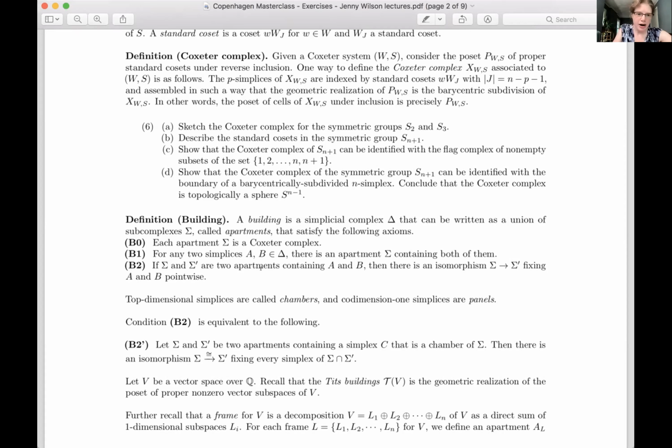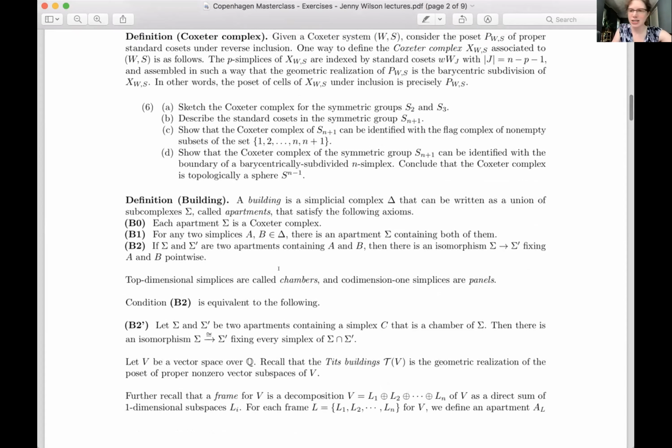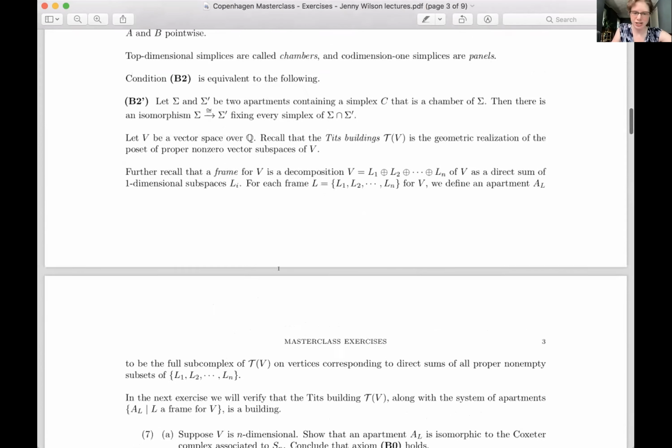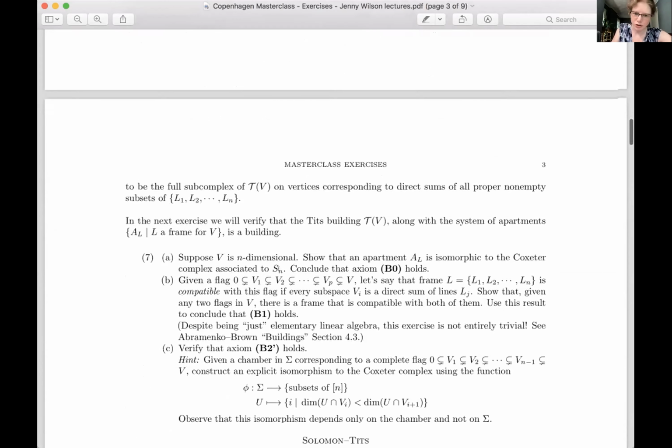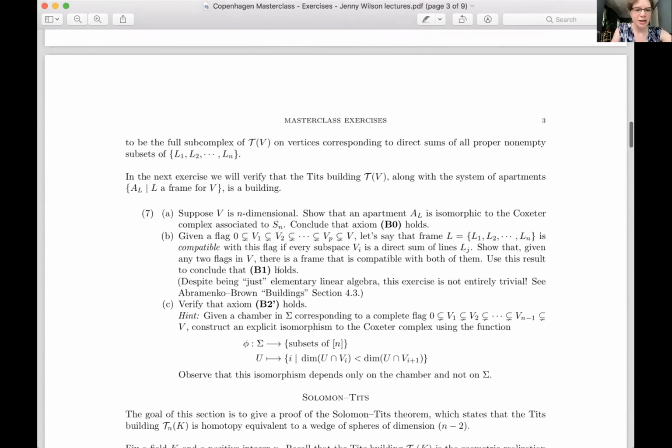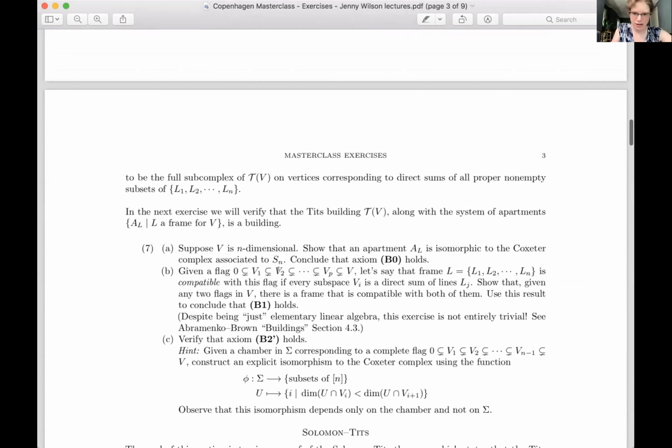And from there are some conditions to check on relationships between different apartments. There are some hints for those exercises.